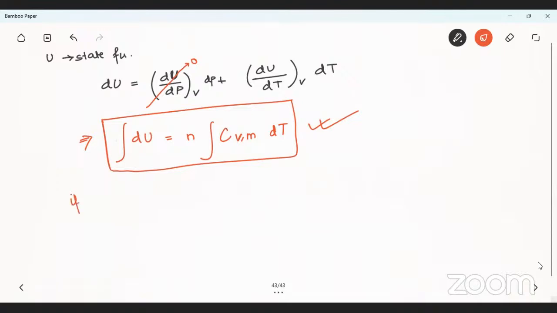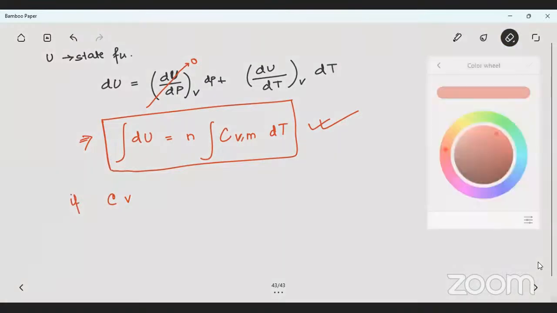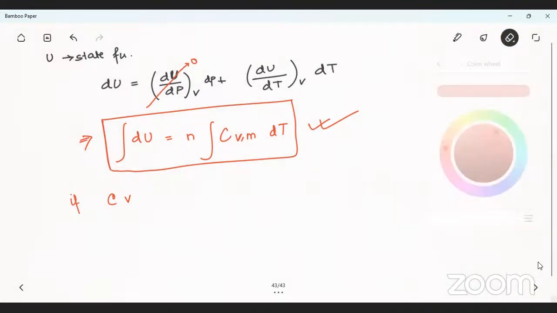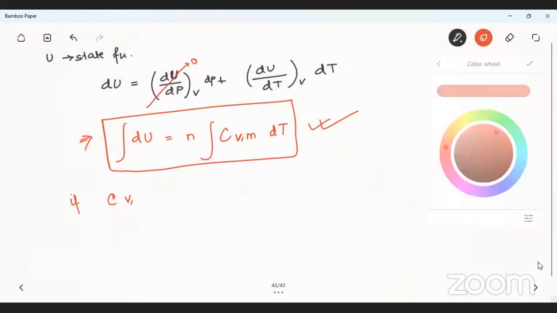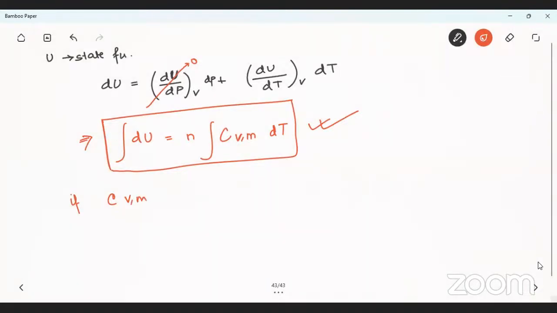But if CVM is independent of temperature, I have seen this question in the previous year questions of NEET.